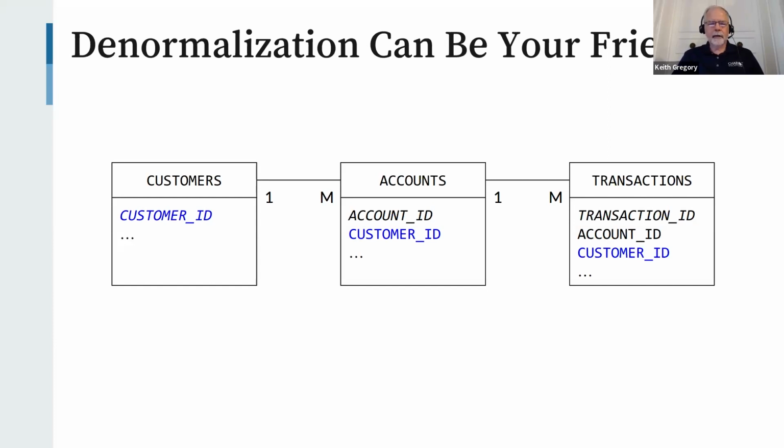Now, for correctness, you would still need to do the join based on account ID, right? Because a customer might have multiple accounts, you can't skip that step. But as long as your join condition also includes the customer ID, it's able to proceed in parallel. So these are kind of a big conceptual bit.